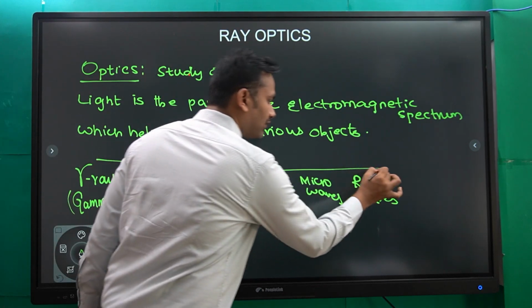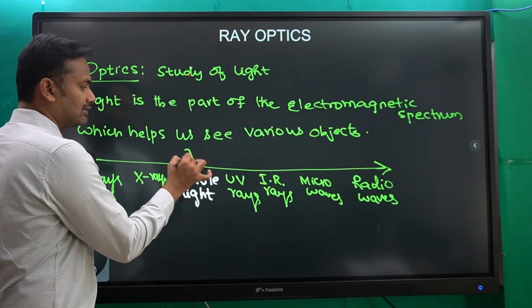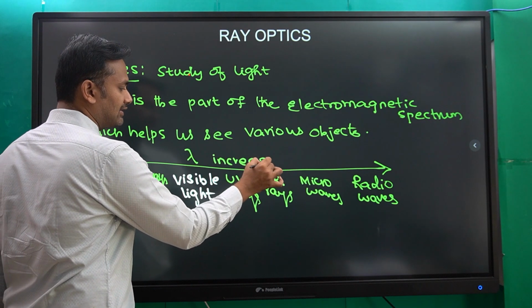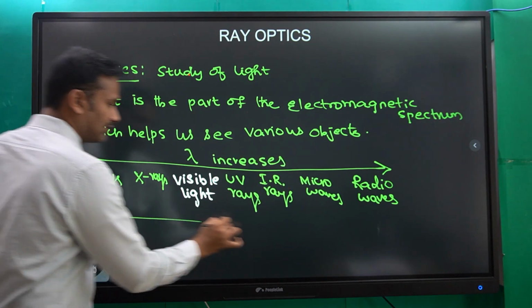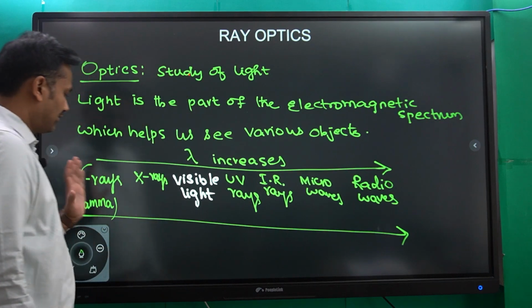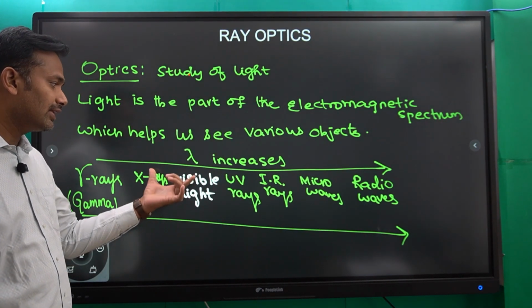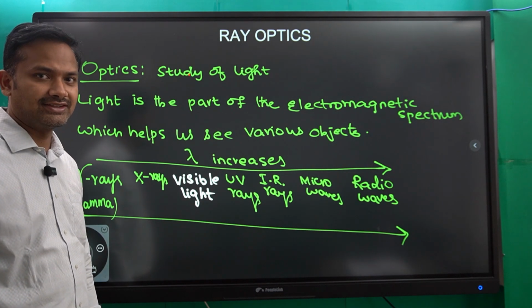So from here to here the lambda value increases, meaning the wavelength increases. From gamma rays to radio waves, the wavelength increases.